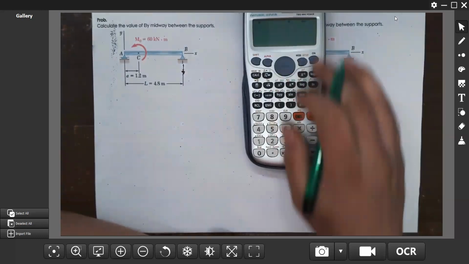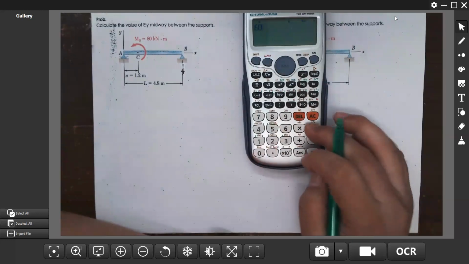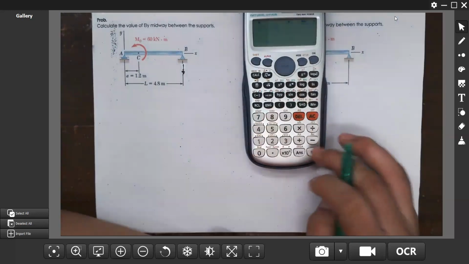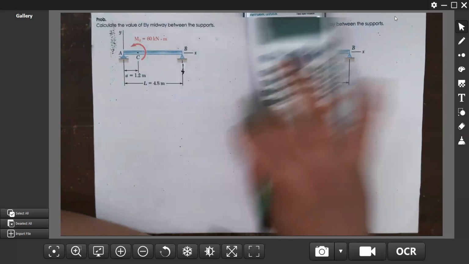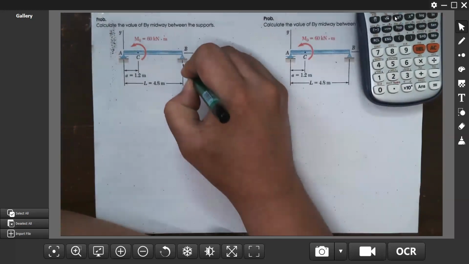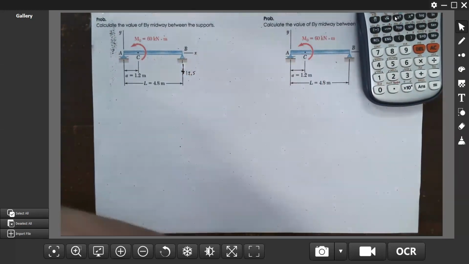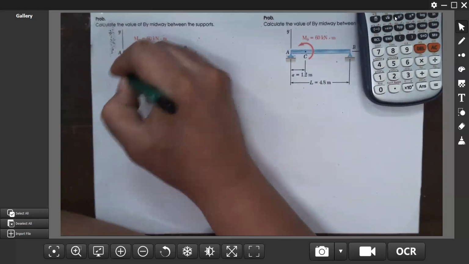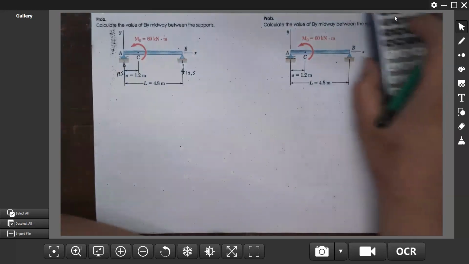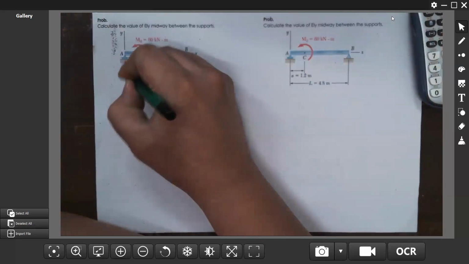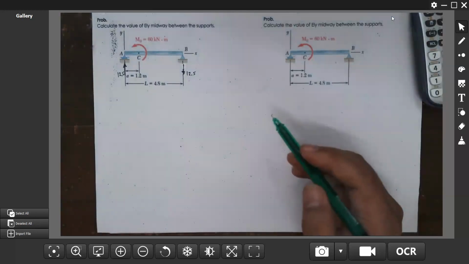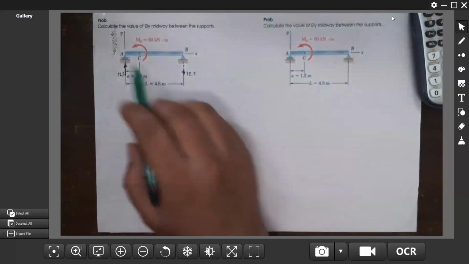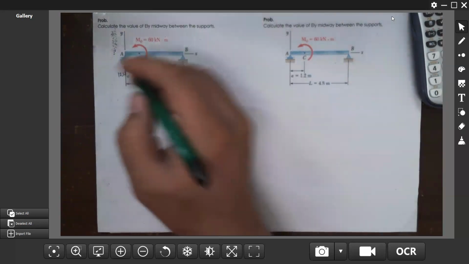And the value is 60 divided by 4.8. That's 12.5. And then downward, many upward na 12.5. Okay. So, two segments, AC and CB.